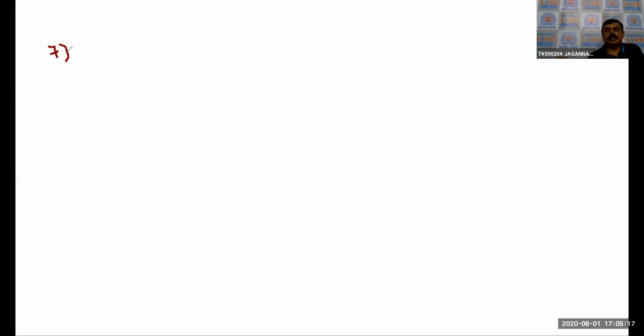Let me consider this as one infinitely long straight wire. Its linear charge density is lambda, and according to the numerical, lambda is given as 1/3 coulomb per meter. Understand?